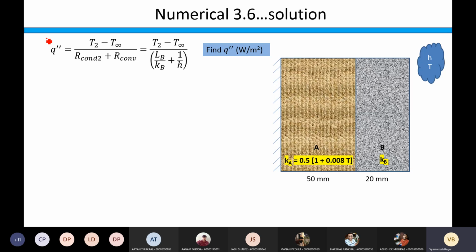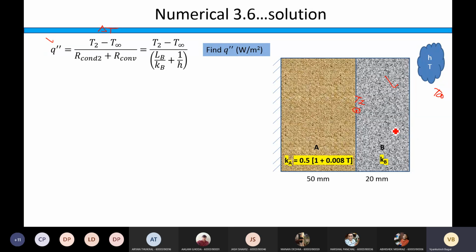So Q double dash, that is heat flux, is temperature difference delta T divided by R total. Now I am applying this formula only to this slab, the reason being I know this temperature. Let us say this is temperature T2, which is known to me, and with T infinity here, right? I am applying this formula for this layer B plus the convection taking place on the right hand side.